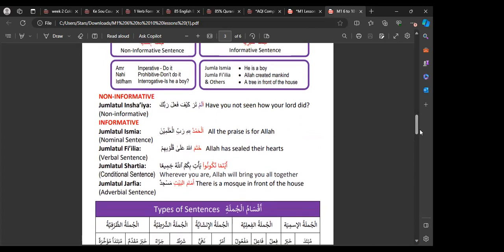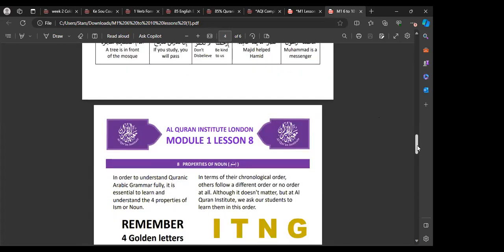So remember in the last week we did a little bit about Ismun, a little bit about Fi'lun, and a little bit about Harfun. We gave you just a taster, and this is the taster for sentences. Now we're inshallah going to go a bit deeper into Ismun. So lesson 8.